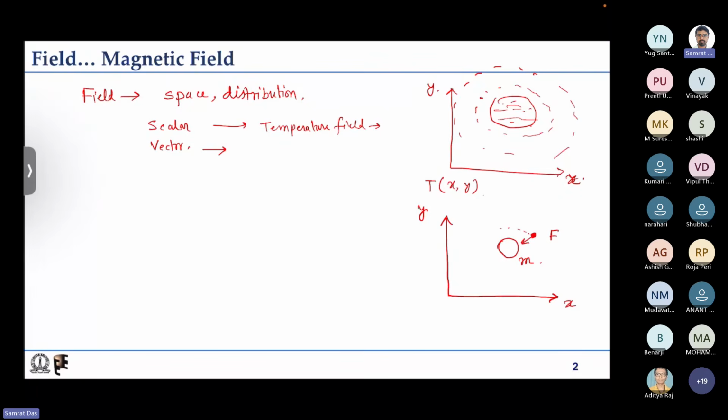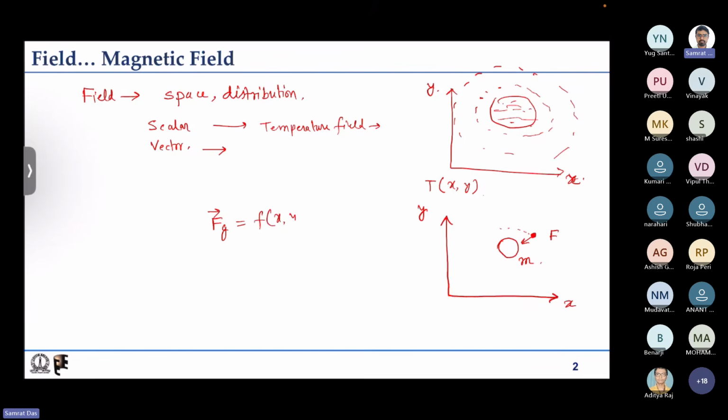So a vector field, in this case, is the gravitational force, say F. That is not a scalar field, that is a vector field, and that is some function of x and y.